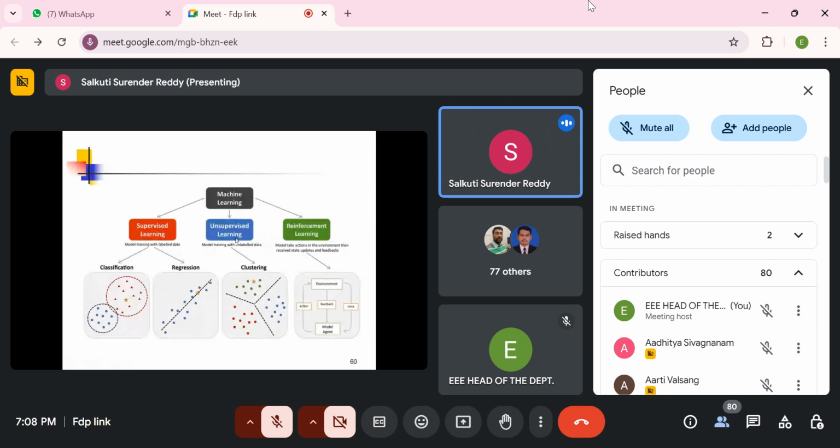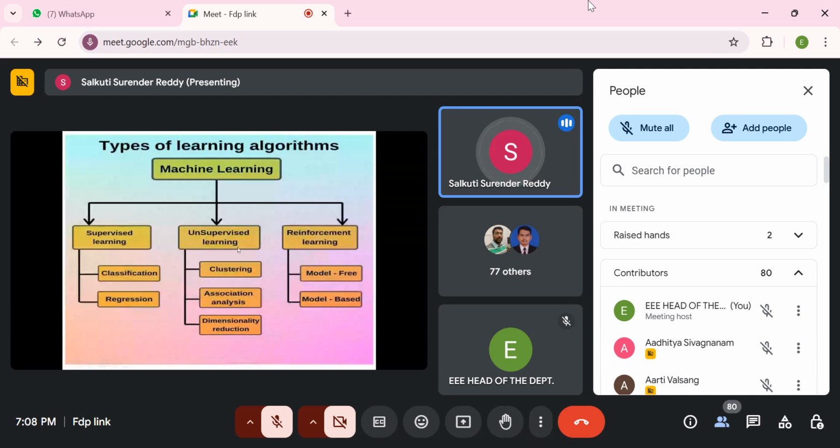As I said, we have three types of machine learning: supervised, unsupervised, and reinforcement. In supervised, you will have classification and regression. In unsupervised, you will have clustering, association rule mining, and dimensionality reduction. So you have a large amount of data. You can fine-tune the data, or you can reduce the dimensionality.